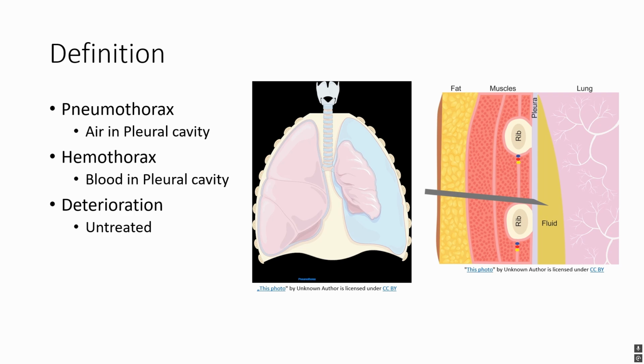This will obviously result in a decrease of SpO2, especially in ACM, but more on that in a second. One of those treatments would be, for example, putting a needle in and draining that fluid out, but as I said, we'll talk about that in a second.